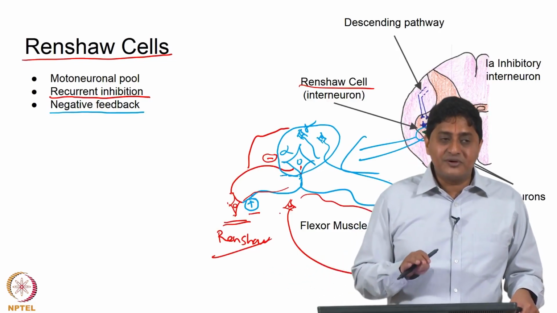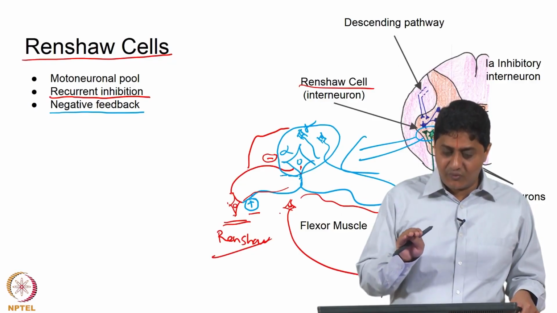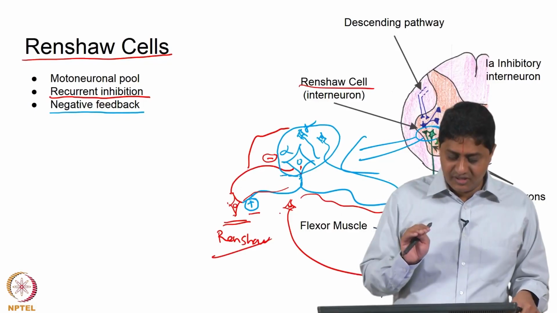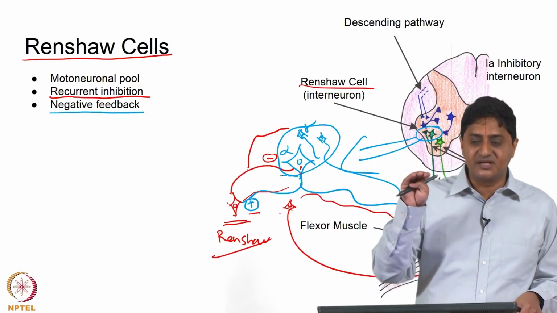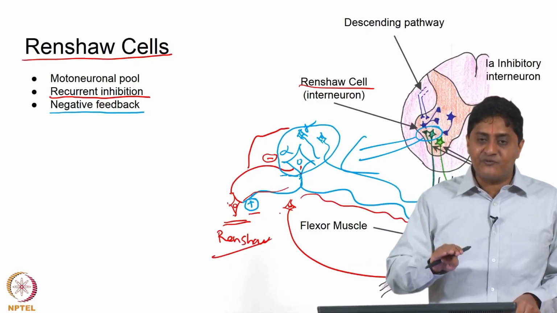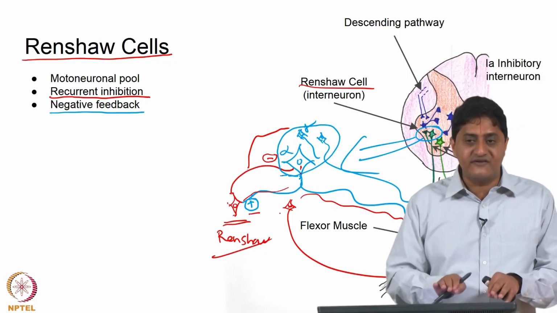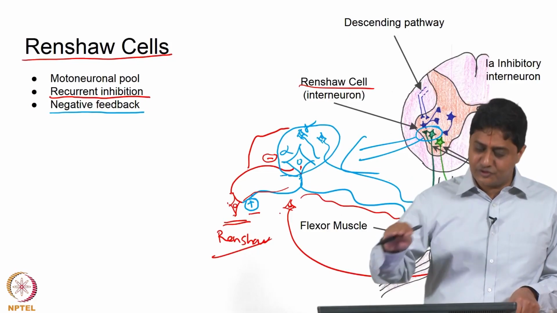Here we are discussing one particular case, one level of hierarchy in which negative feedback is introduced. There are multiple levels of negative feedback that come into the picture. Inhibition is present at various levels. This is the lowest level at which it is present. There are other levels, and we will discuss each of those in future classes.